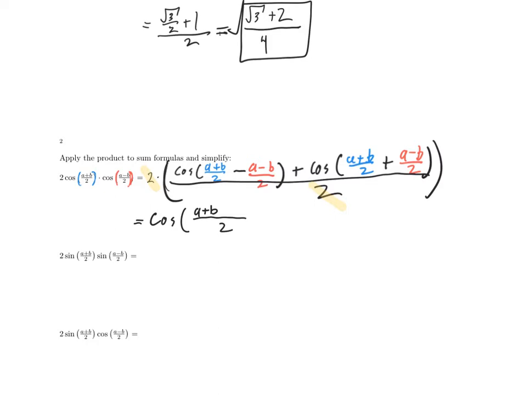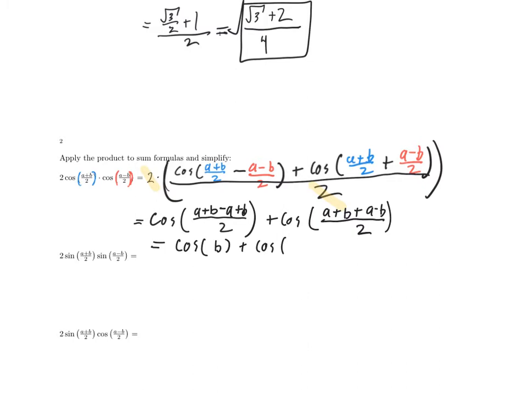So it'll be minus a plus b, and all that divided by 2. Plus the cosine, same thing, but I'll do plus: a plus b plus a minus b, all over 2. Keep on simplifying. This is actually the same as the cosine of, the a's cancel, so the cosine of b plus the cosine of a.